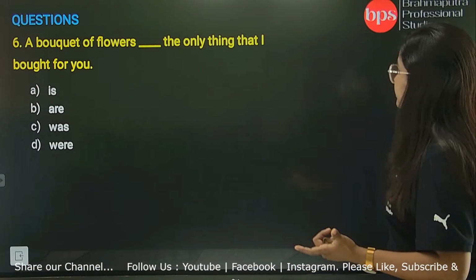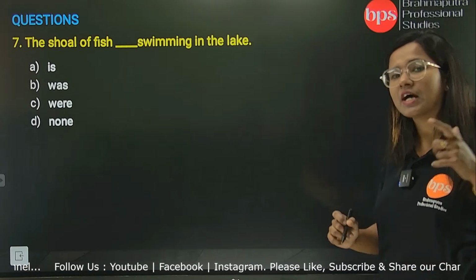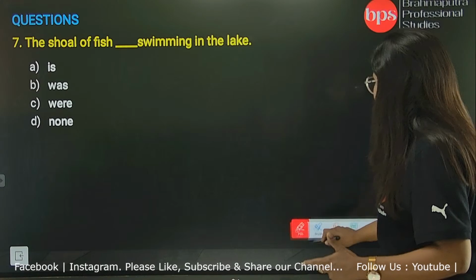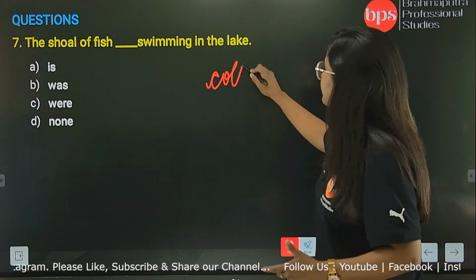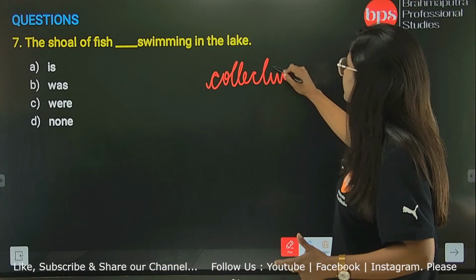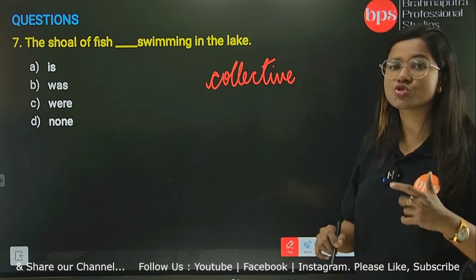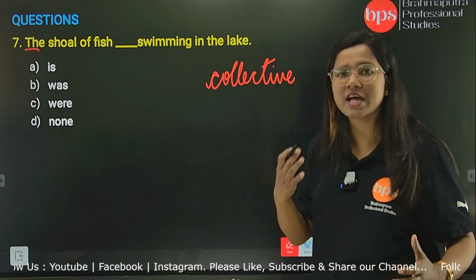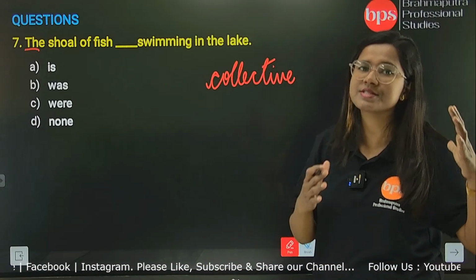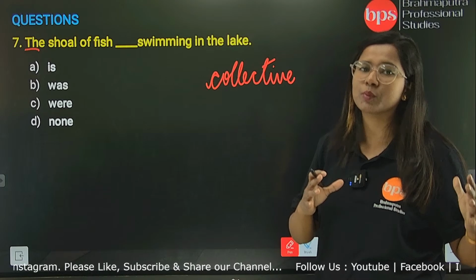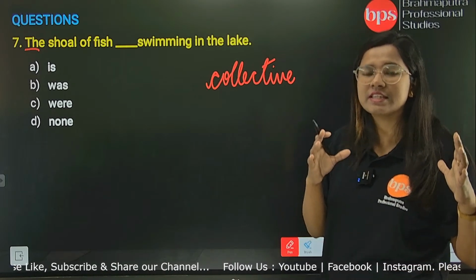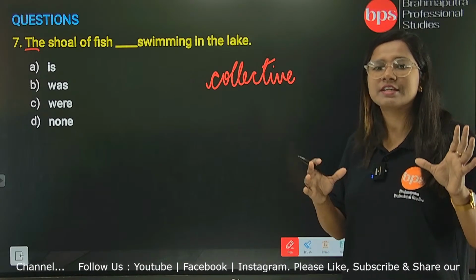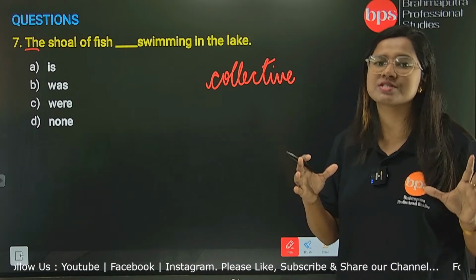Next, question number 7 is again related to the collective noun. Here again there is a reference to the definite article, that is, the. When it is the, it is singular and definite. Whenever we put the, it is either in the superlative form of the adjective or it is a definite determiner.